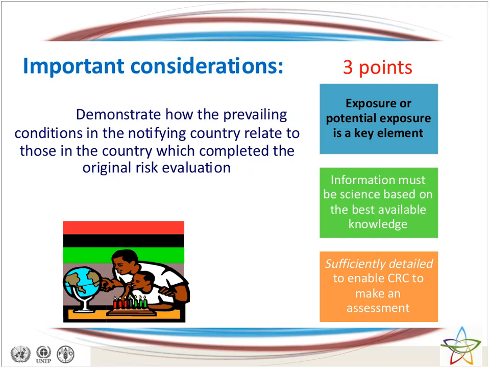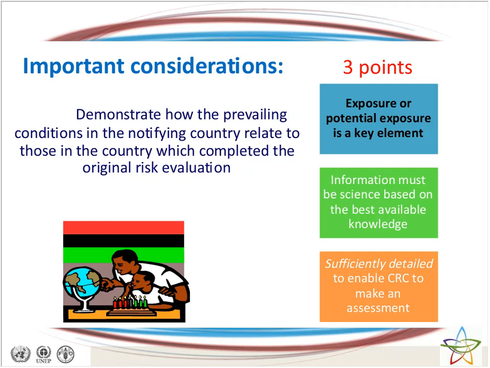And there are three very important points for the CRC to validate this information that is sent by the DNA. Exposure or potential exposure is a key element, and the information must be science-based or based on best available knowledge.